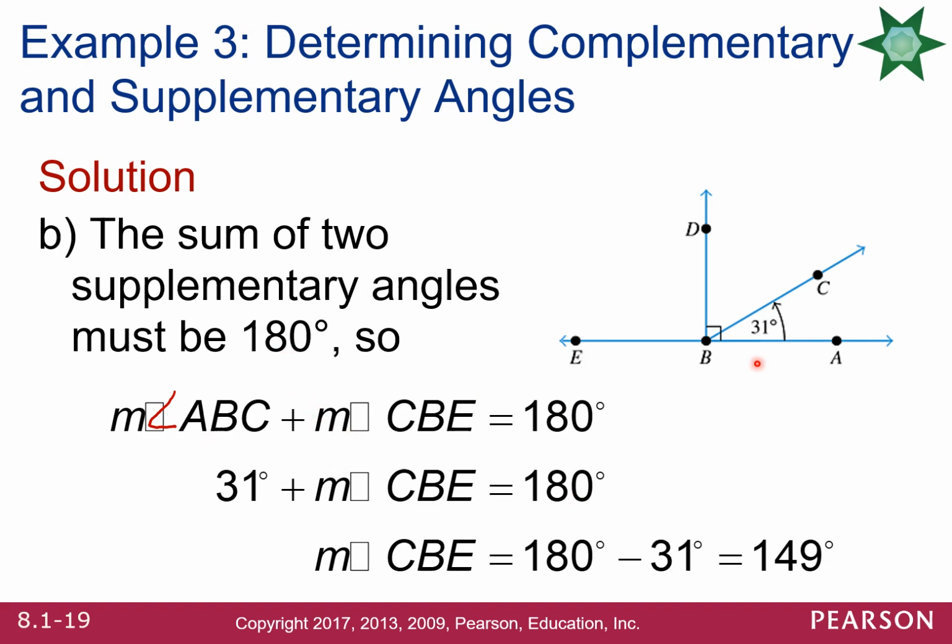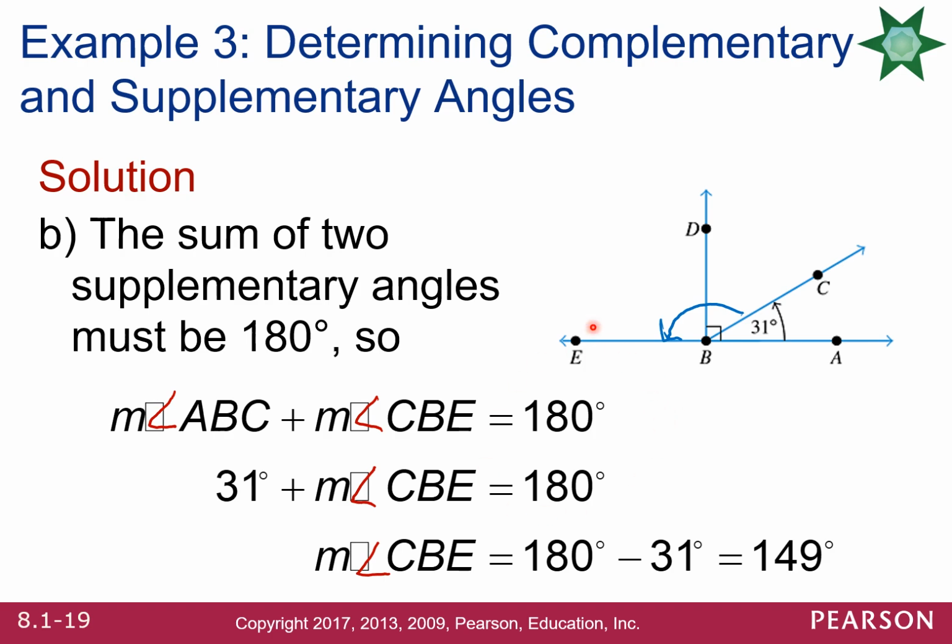So angle ABC and angle CBE are supplementary angles. So CBE would be this entire angle here. If again they are adjacent angles, they have a common vertex B and a common side, correct? ABC and CBE have a common ray, which is BC.